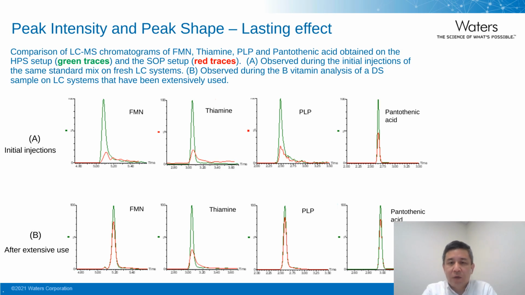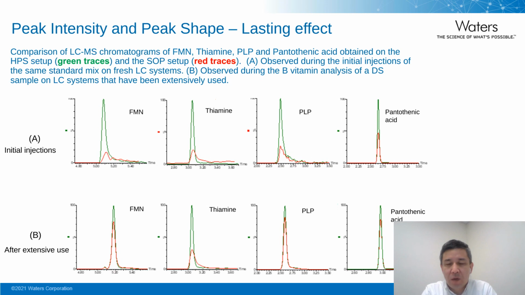And this slide shows the comparison in the initial injections as well as after extensive use of the system. The chromatogram on the top is the result from the initial injections.